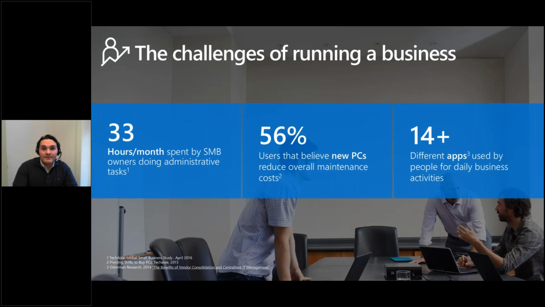Because when you are on a legacy OS, you have these kinds of problems where you don't harvest the potential and the productivity that a modern OS can offer you. What we could see already in 2016 was that an SMB owner spent roughly 33 hours a month, and this is worldwide stats, of course, on administrative tasks.